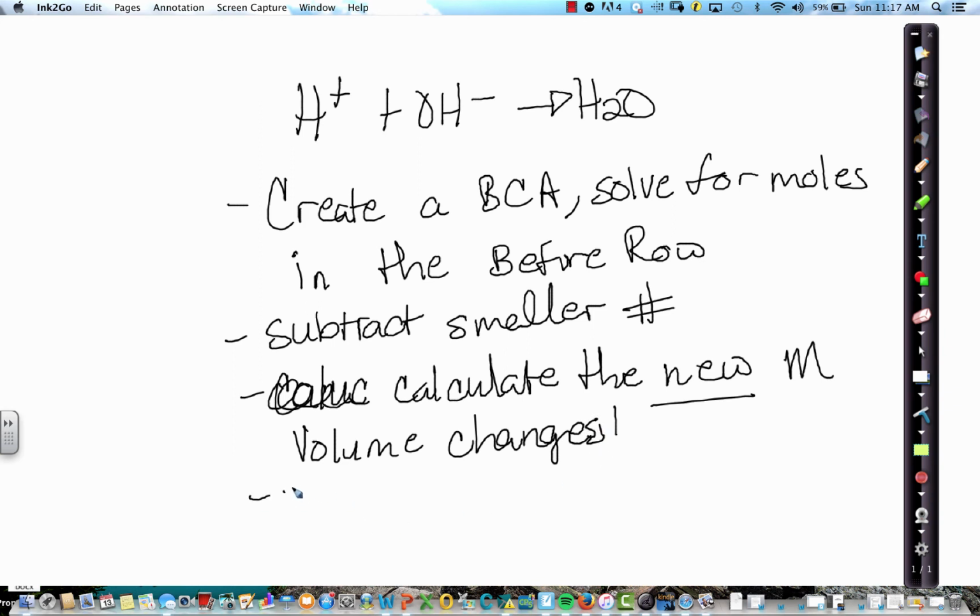Then plug it into pH. And then also with a strong versus strong, if your number of moles are equal to each other, your pH will be 7 at that point.